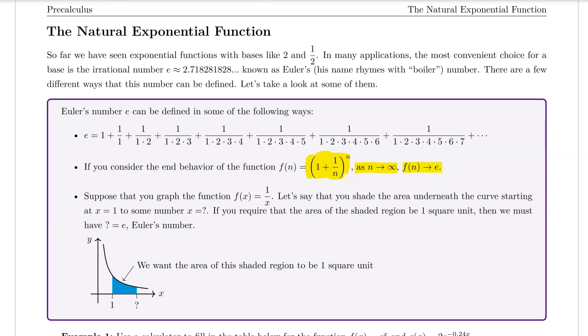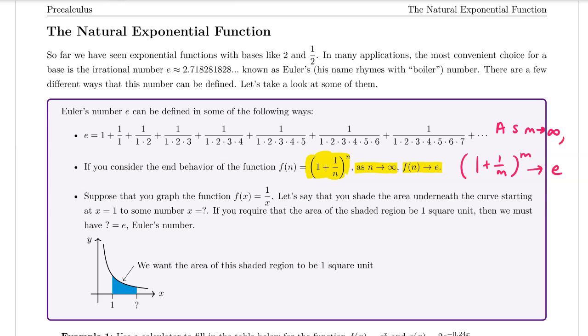The only difference is we wrote it as 1 plus 1 over m to the mth power, but m is just representing the input variable, and really that could be replaced with anything. So as m goes to infinity, this thing goes off to e.